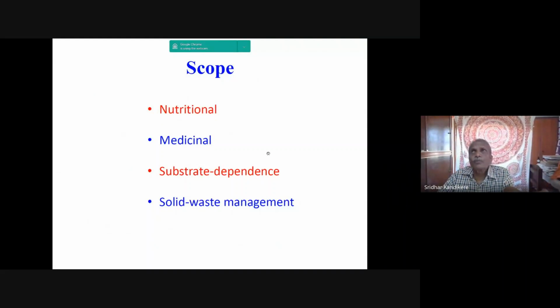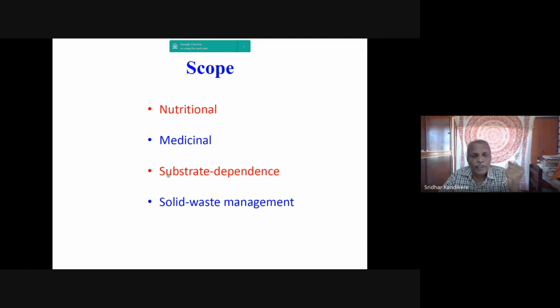And there is a lot of scope to use mushrooms: nutritional, as I mentioned, medicinal, and substrate dependent. They are dependent on substrate, maybe wood or soil or termite mound, ant hill, and any type of dead material. It grows on ectomycorrhizal roots, leaf material, wood material.